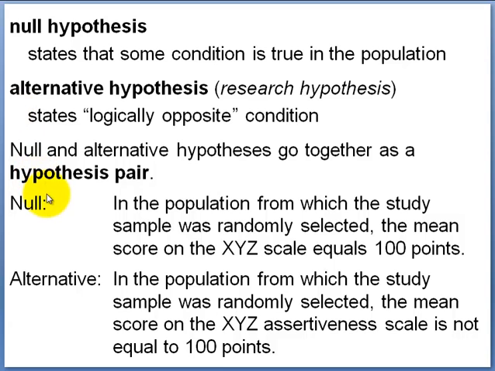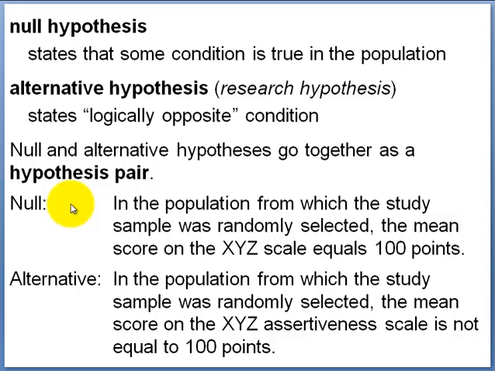So here's an example of a hypothesis pair. Note that both hypothesis statements in the pair pertain to the population from which the sample is selected. In the population from which the study sample was selected, the mean score on the XYZ scale equals 100 points.